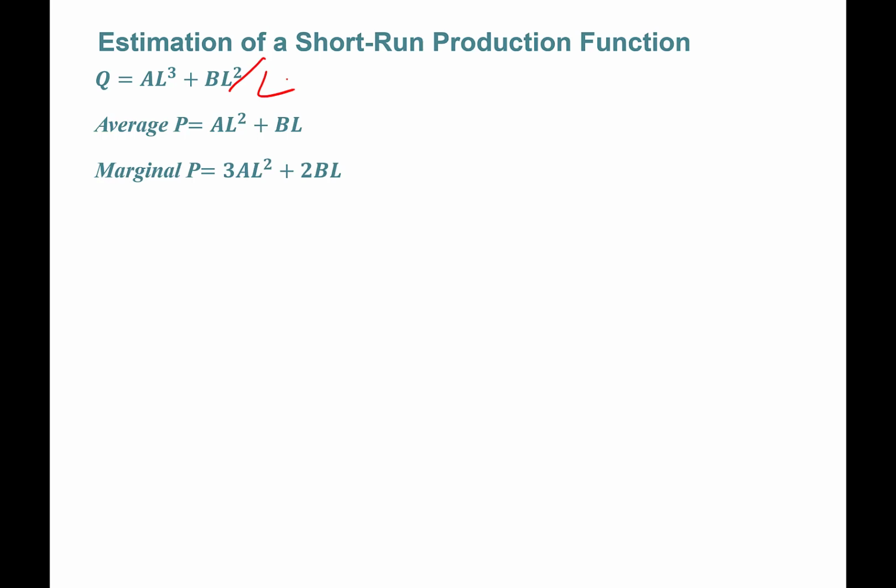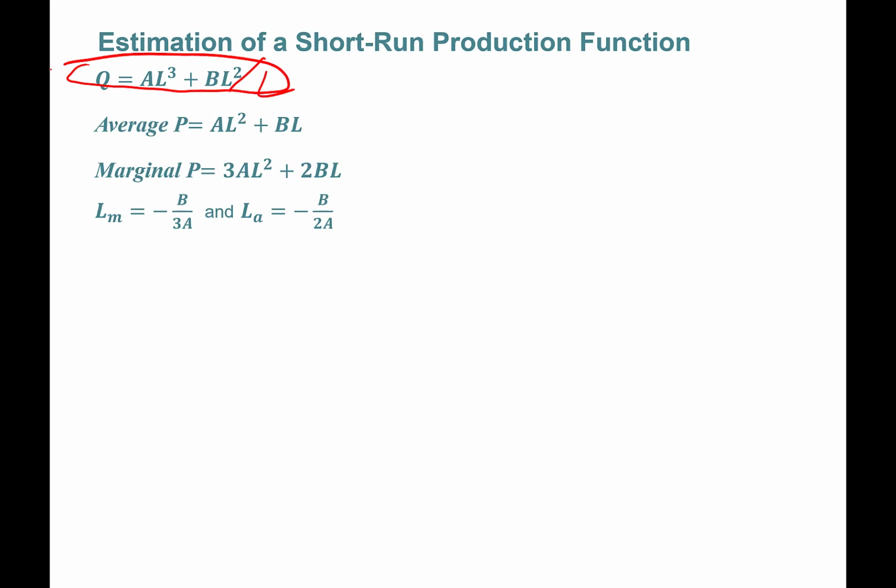So we're going to estimate the following short-run production function. Q equals A L raised to the power 3 plus B L raised to the power 2. Average product we calculated before. We divided everything by L, right? A L raised to the power 2 plus B L. Marginal product, again, is the first derivative of this production function with respect to labor.